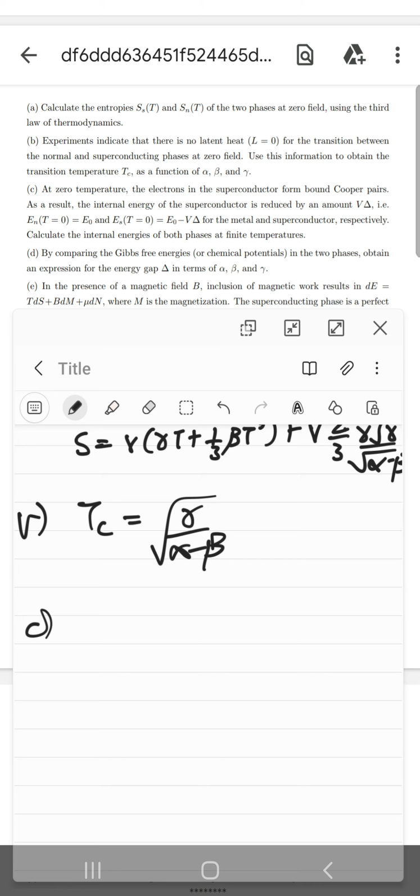So as a result, the internal energy is reduced by an amount V delta, i.e. the energy at the normal phase at T equal to 0 is what? No, this doesn't make sense. For the metal and the superconductor, respectively, calculate the energy of the metal. Okay, this is hurting my brain.